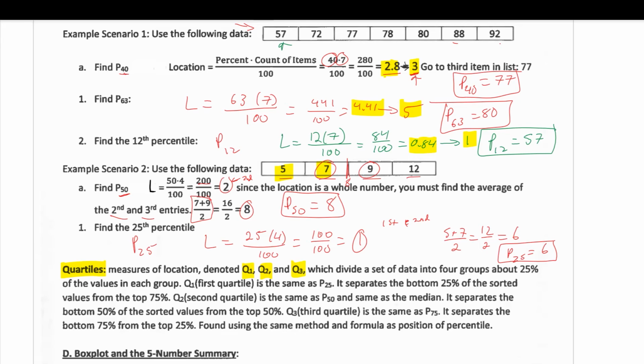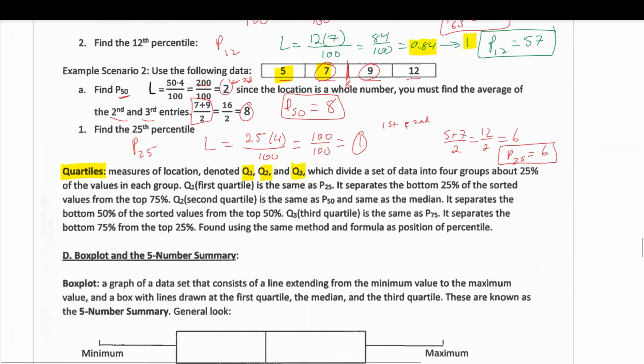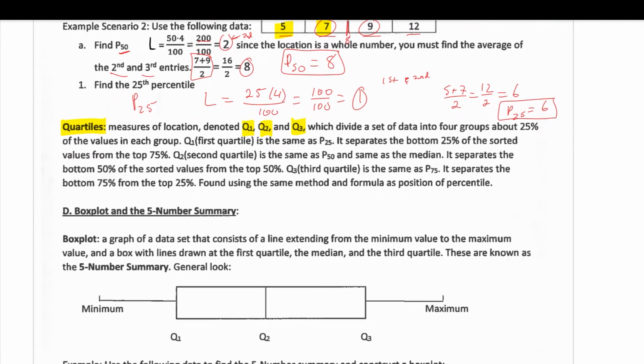Okay, Q1, Q2, Q3. The second partition is also known as the median, or the 50th percentile. The first partition, Q1, is the 25th percentile, and Q3 is the 75th percentile. Okay, so we'll do some problems dealing with that in just a bit.